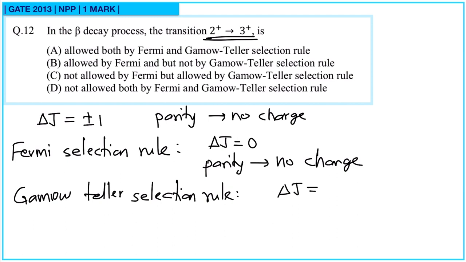These are delta I can be 0 or plus minus 1 and for parity there will be no change. So here there is no change in parity and delta I is plus 1. So these are not allowed by Fermi but allowed by Gamow-Teller selection rules. So option C is correct.